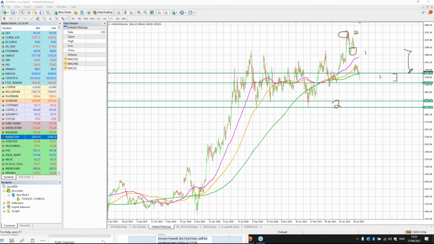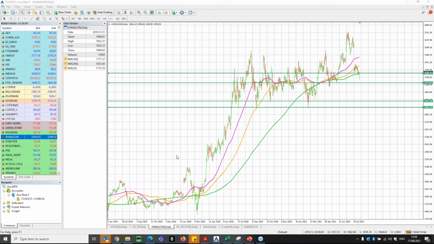Your reward is going to be this much, or from here all the way to here. So really, really great opportunity with respect to Amazon. Imagine when the price is over here, now we are seeing that retracement. So I think Amazon is a really good opportunity in terms of a long-term buy in your portfolios.